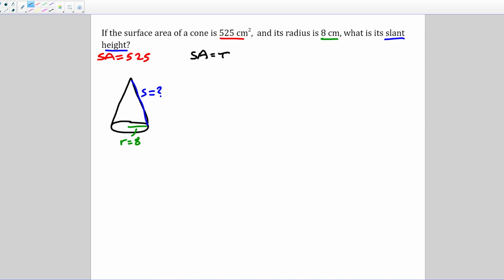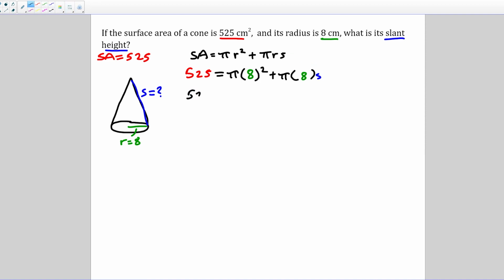So we've got our formula here. Surface area is equal to pi r squared plus pi rs. I'm going to go ahead and plug in everything that I know. So 525 is equal to pi times 8 squared plus pi times 8 times s.